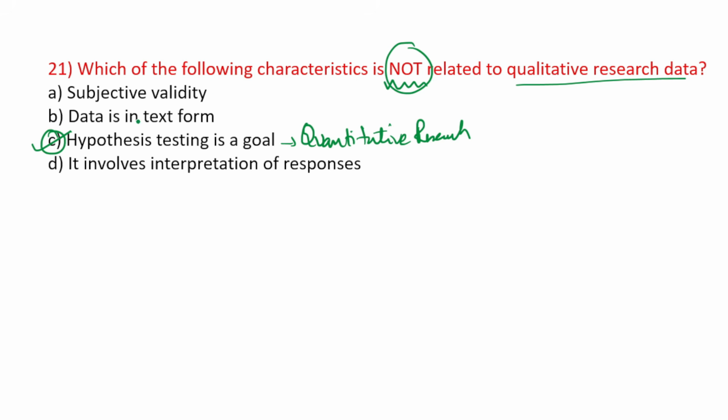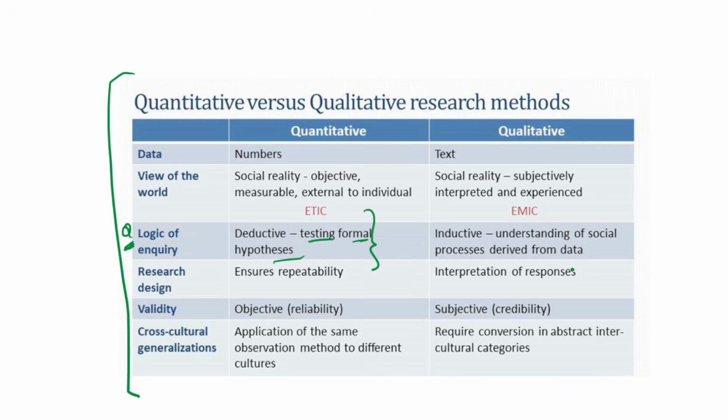Now let us see the other options in our question. Subjective validity, data is in text form, and that it involves the interpretation of responses all belong to the qualitative things. Subjective validity is in qualitative research method. Interpretation of response is in qualitative research method. And then the data is in a text form.